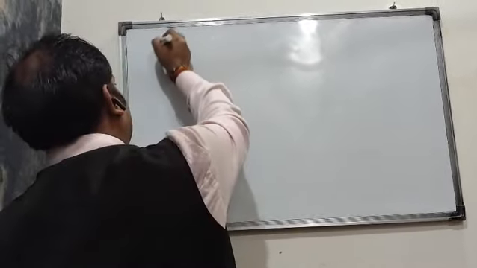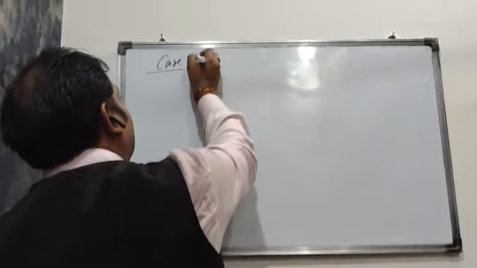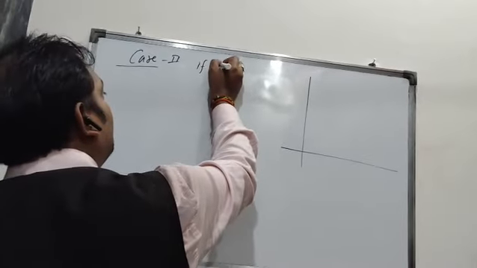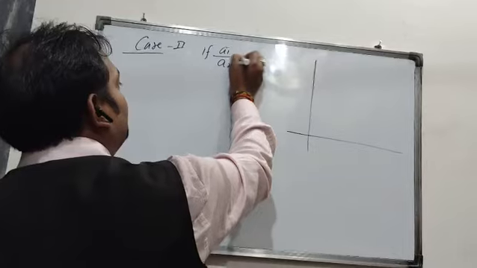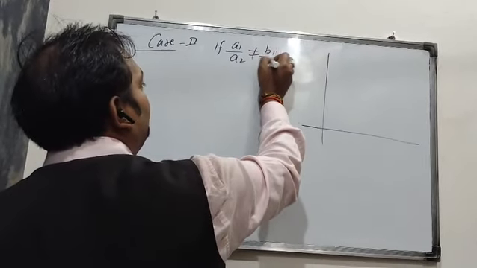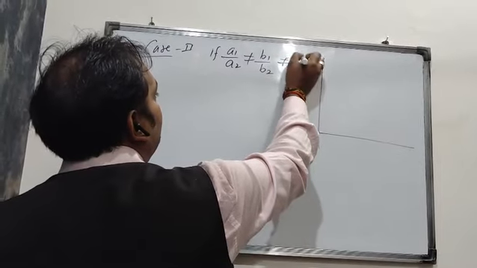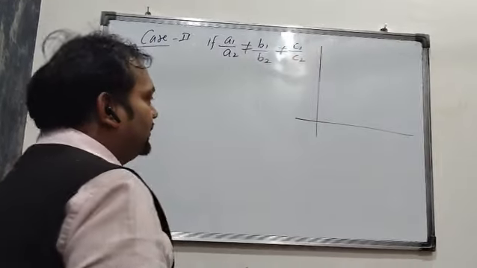Go for case number 2. Case number 2. What is the case number 2, students? If a1 upon a2 is not equal to b1 upon b2, is not equal to c1 upon c2.